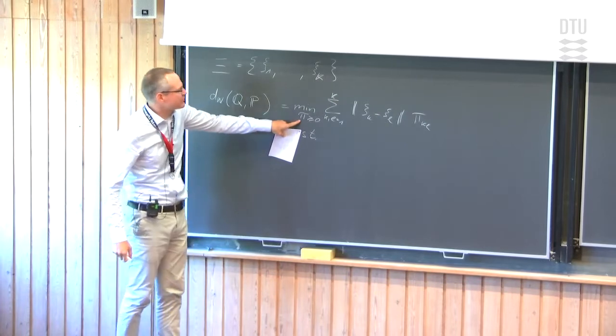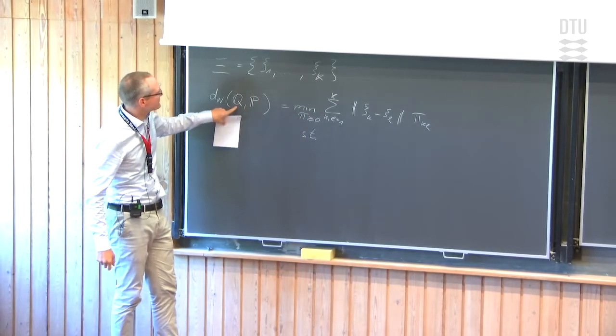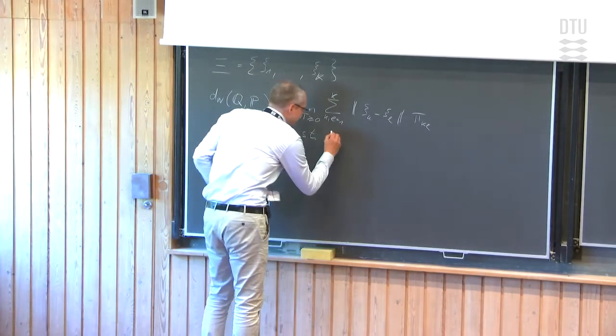So pi is the joint distribution, and it needs to have marginals q and p. So the conditions can be written like that.